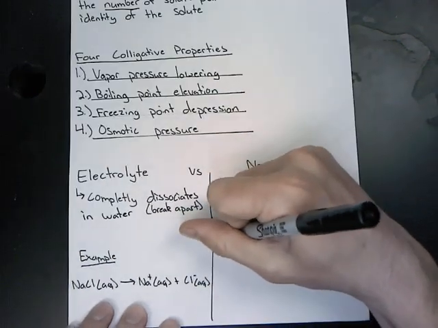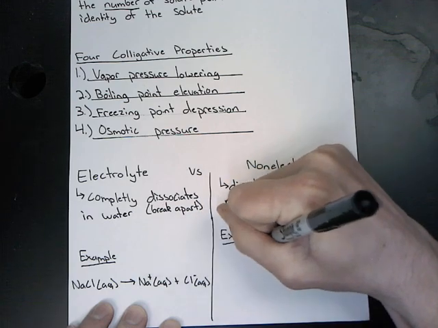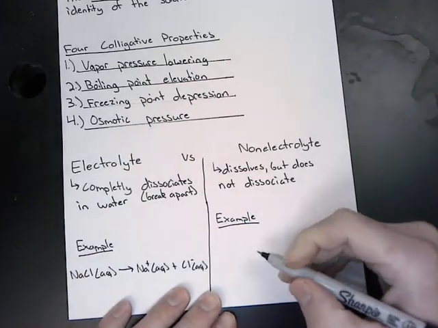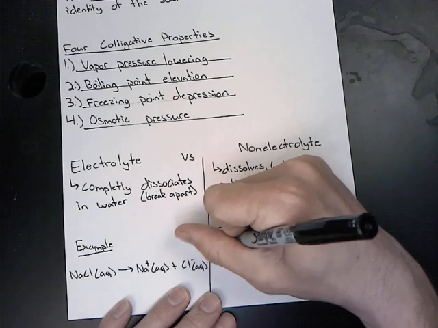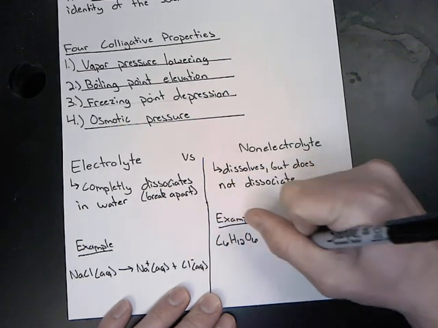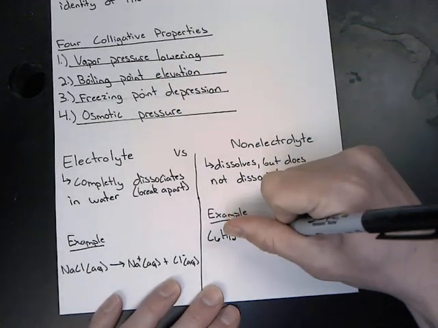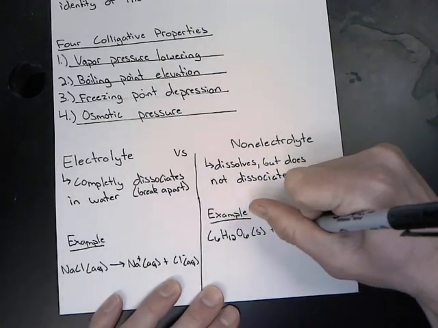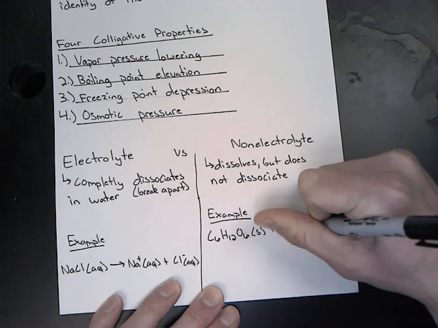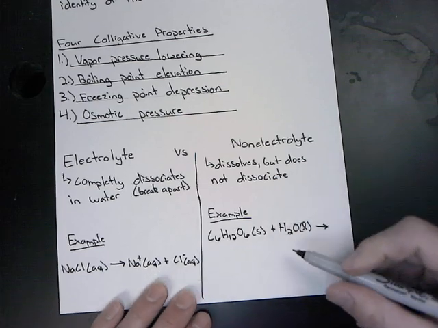So our example here that I will show you involves sugar. So the simple formula for table sugar is C6H12O6, and that's a solid compound. And if we would add that to water, what would happen is this. We wouldn't have a chemical reaction.